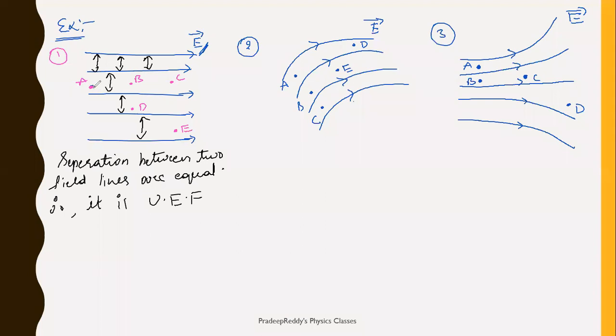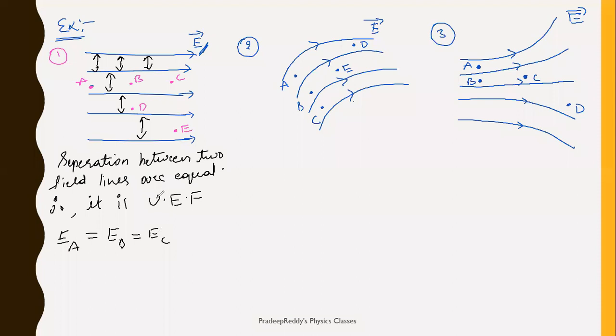Now I want to find out field over here, like EA. Okay, EA, field at this point A, field at this point B, field at this point C, right? EA is equal to EB is equal to EC. Is it not?